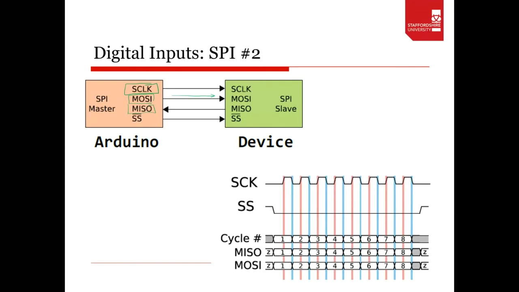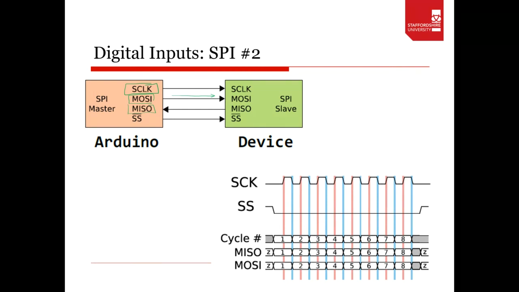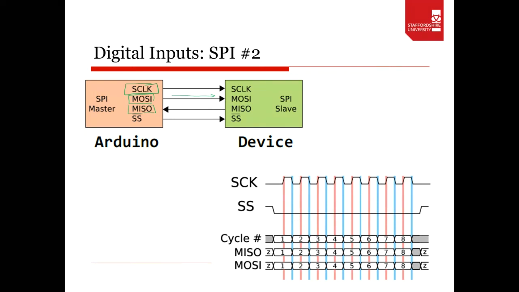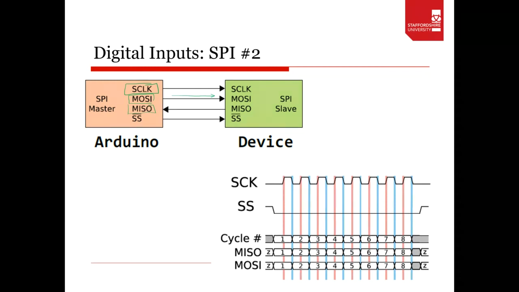So, for example, imagine we have one Arduino. It doesn't have to be Arduino devices, by the way. I have done this with Raspberry Pis and multiple Arduinos. It can be a personal computer, a different microcontroller. The idea is that we have one device, the master, which is in control of the communication.